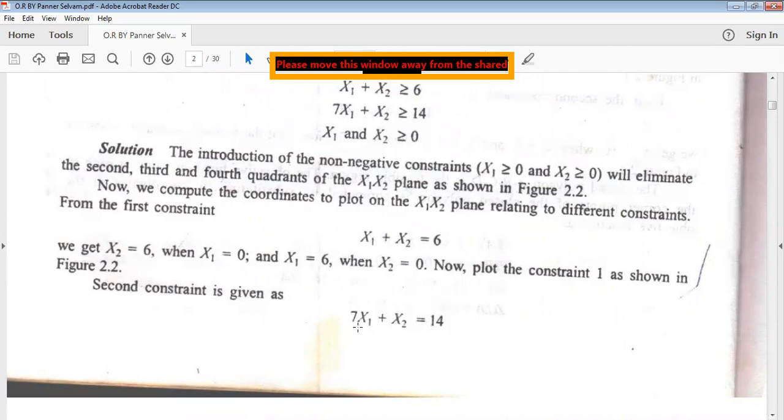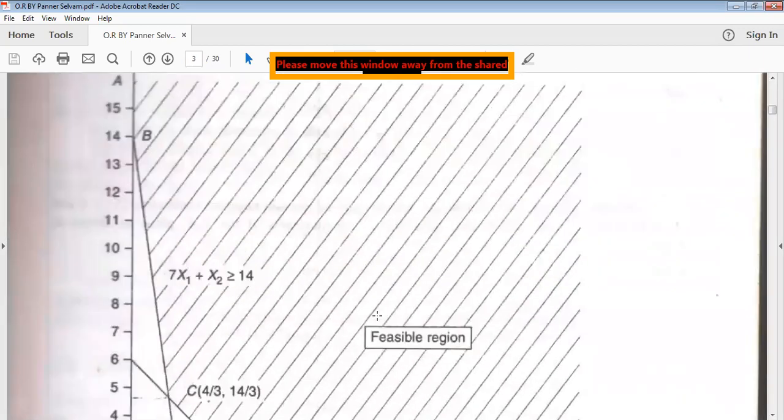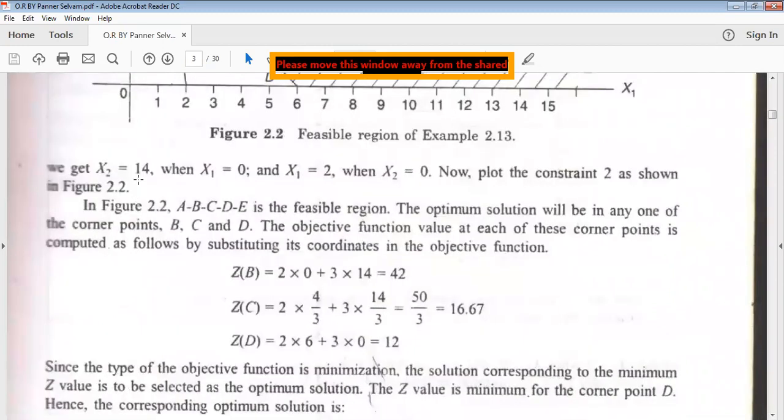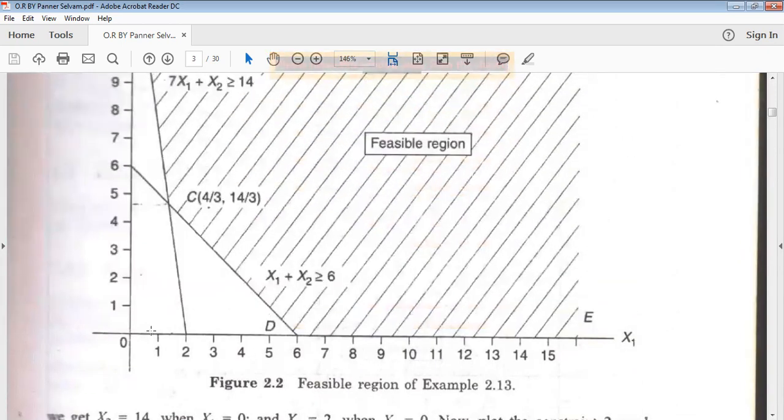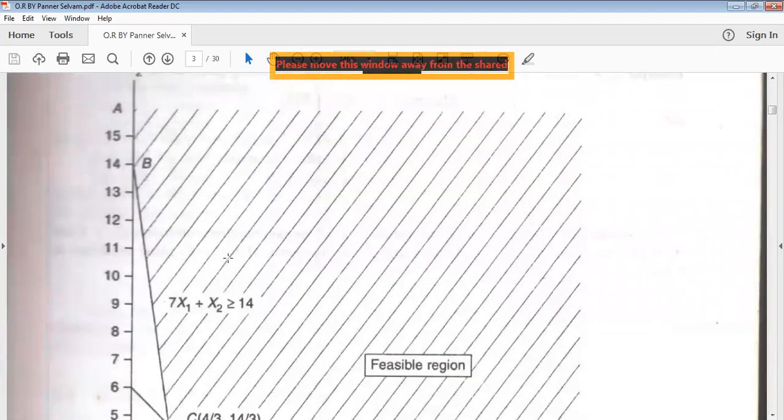So like that, you have to identify the coordinates. Now you have to draw the lines with the help of the coordinates.